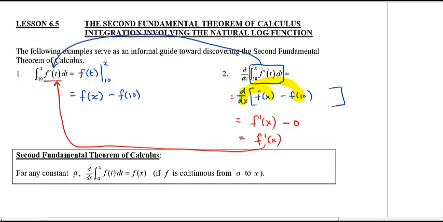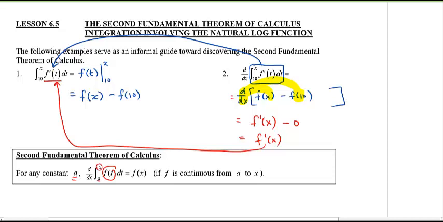For any constant a, the derivative, d/dx, of the integral from the lower limit of a to the upper limit of x of a function f of t dt is just the actual function itself, except I replace the t with the x. And that is the fundamental theorem of calculus. Taking the derivative of the integral just gives you the same thing. You just replace the dummy variable t with the variable x.